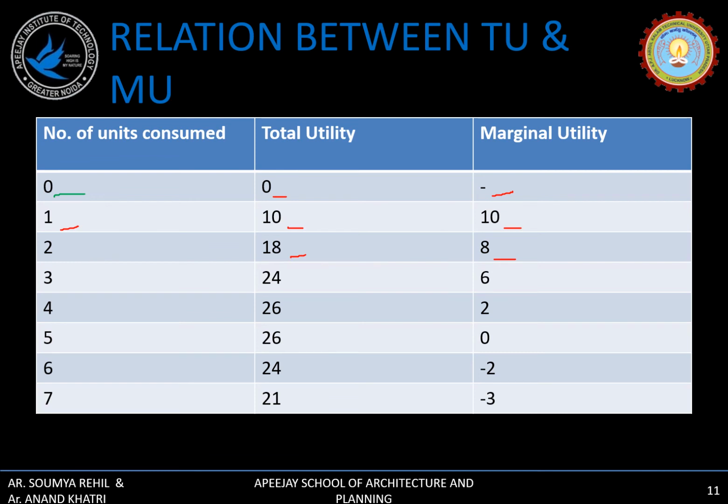Same way, when you were served the third chapati, it wouldn't give you the same satisfaction as the second or the first. So, your total utility may have only reached 24, and your marginal utility could have been only 6, which is 24 minus 18.